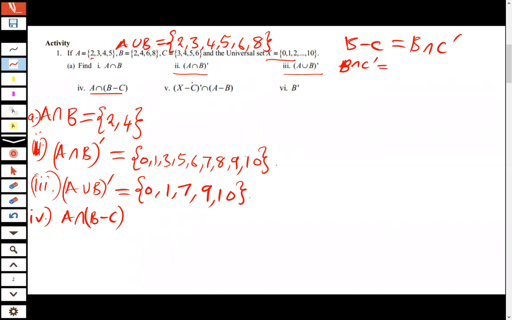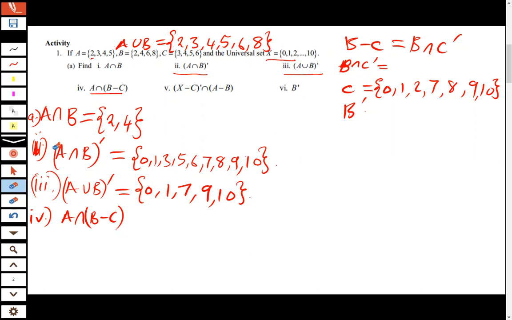So we list C complement, which is simply numbers that are in the universal set but not in C, which are 0, 1, 2, and then 7, 8, 9, 10. So this is our C complement. So we intersect it with B. So B, oh, sorry, not B complement.